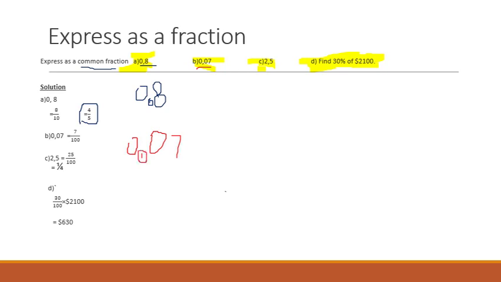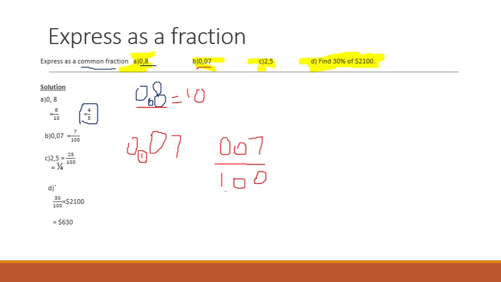How many digits do we have? 3. 0, 0, 7. Here we used 10 as a denominator because we had 1 digit. Here we are going to use 100 as a denominator because we also have more digits. So we are going to express it like this.